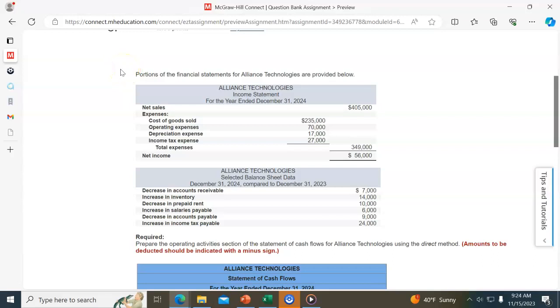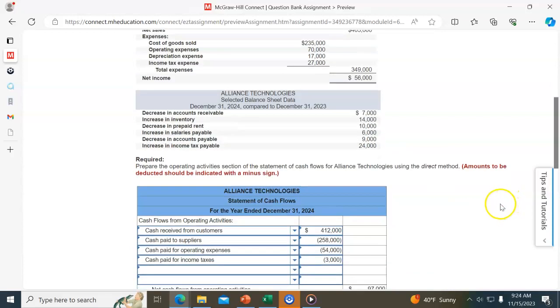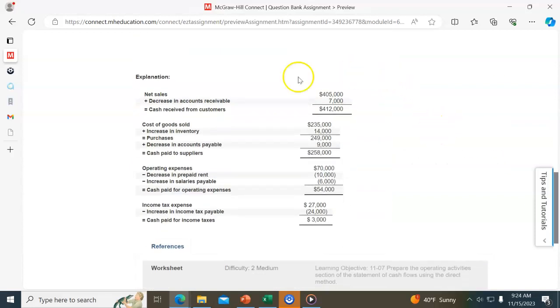But using the direct method, you have to adjust when you have sales and you have a decrease in accounts receivable. Won't you take your sales and add the decrease in accounts receivable to get to what you actually receive from clients? Remember? This is key, guys.